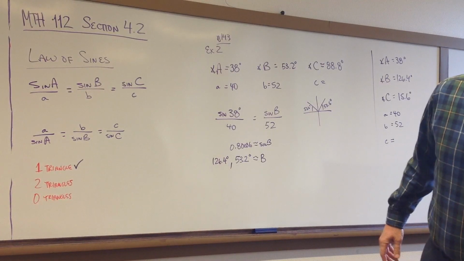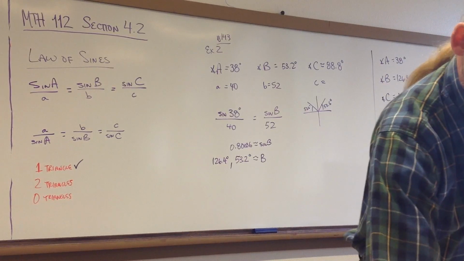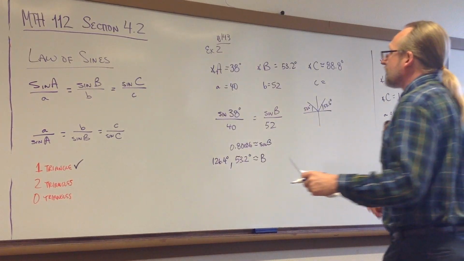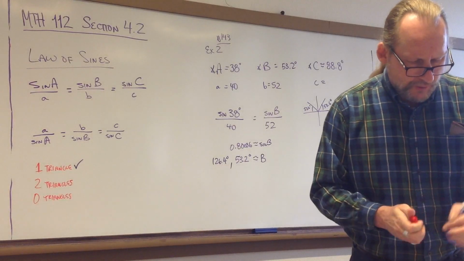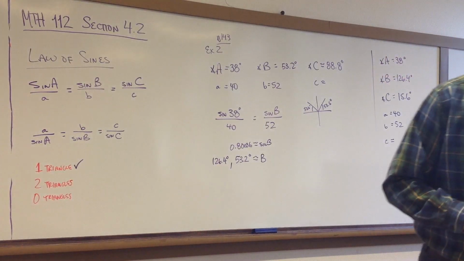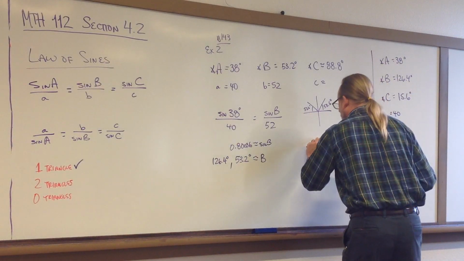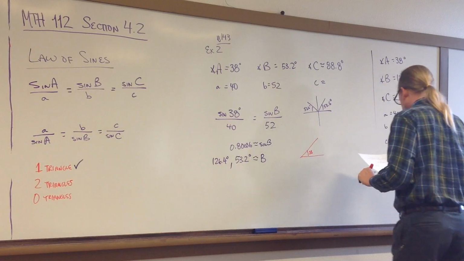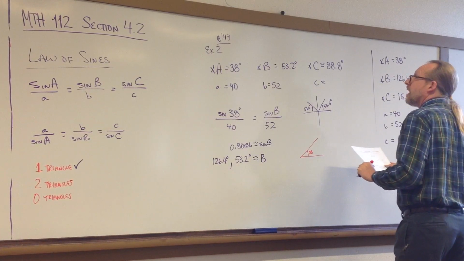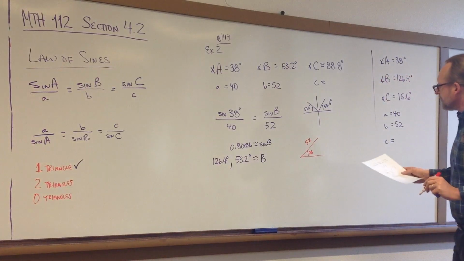Okay, so I've got some diagrams in the textbook here that show how this is happening. This is from page 144. So if we start out, let's see here, with our angle A being 38 degrees, side B is over here being 52.